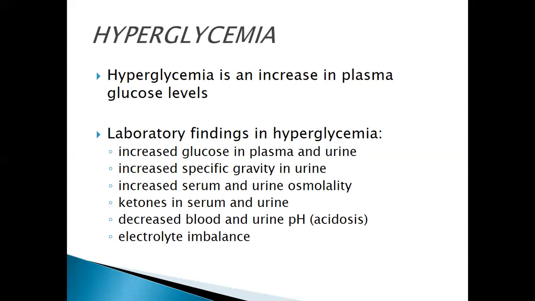Now, hyperglycemia is also associated with increased specific gravity in urine. So again, remember, specific gravity is usually affected by the different solutes present in the urine. And one of these solutes that could actually increase the level of specific gravity in the urine is your glucose.